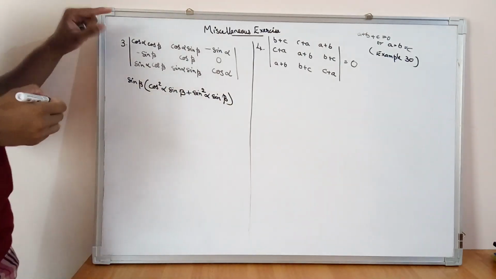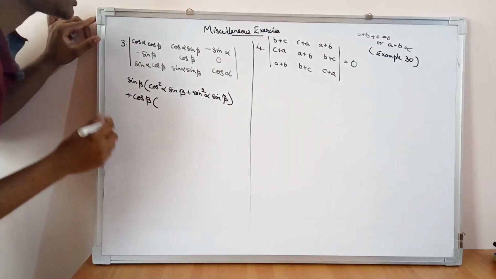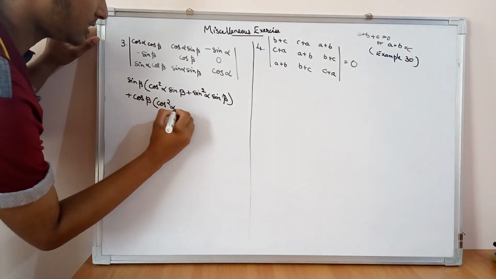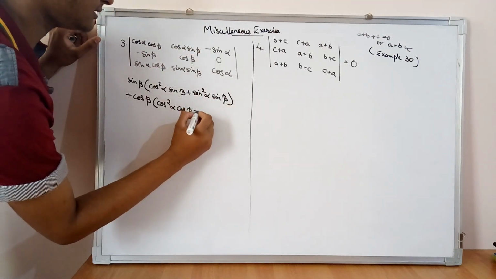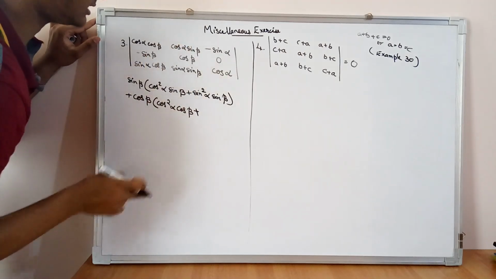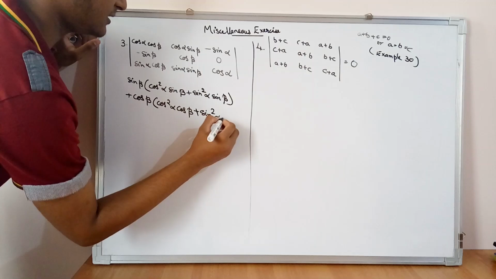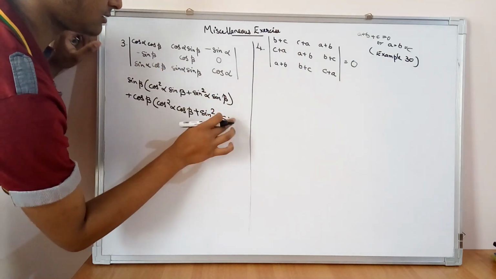Then we have plus cos beta, this comes to be cos square alpha cos beta. Then plus 1 minus is there, so I made it plus. So sine square alpha cos beta. Yeah, cos beta, right?